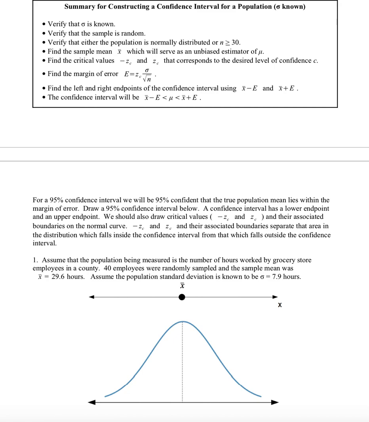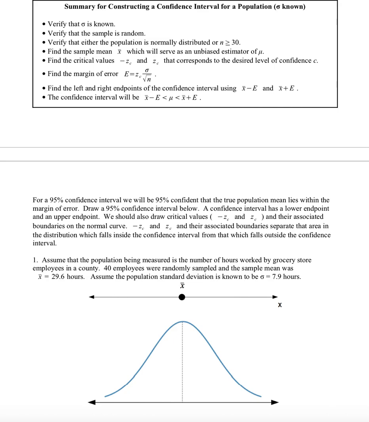Next, you'll want to find the sample mean if it's not given, and that will serve as the unbiased estimator of mu. You'll want to use the technique I had mentioned in my last video for finding the critical values that correspond to the desired level of confidence C. Then we'll use a formula to calculate the margin of error.